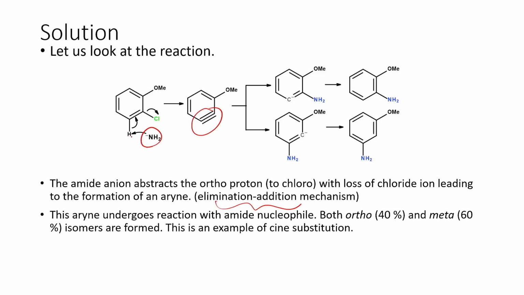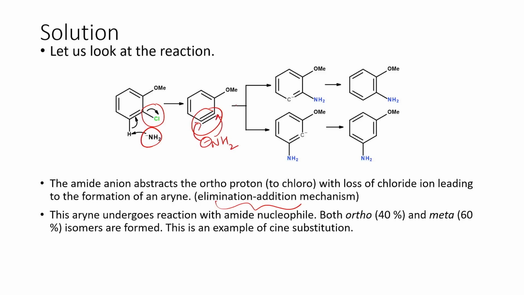When this hydrogen atom is removed, we end up with the concomitant removal of the chloride anion, which leads to the formation of the benzyne or aryne type intermediate. This aryne intermediate can be attacked by the NH2 minus anion, either on this carbon or on this carbon.